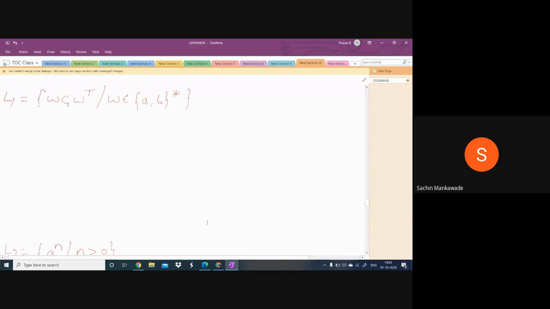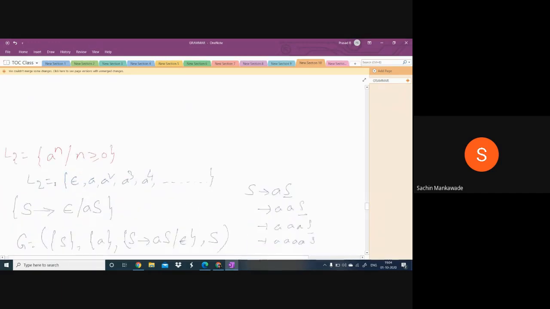Take this L1: W C W transpose, where W transpose means the reverse of W, where W belongs to (A, B) whole star. Copy this one: W C W transpose.